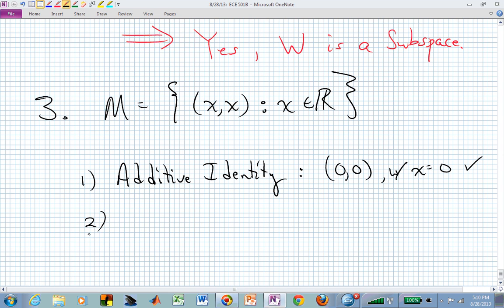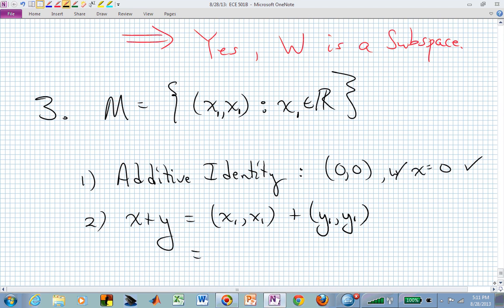What about closed under addition? If we say x plus y, now I'm sort of abusing the notation. Maybe I should say up here, let me say this is x1, something like that. So now x plus y, where x is x sub 1, x sub 1, and y is supposed to belong to M. It needs to be with equal coordinates.